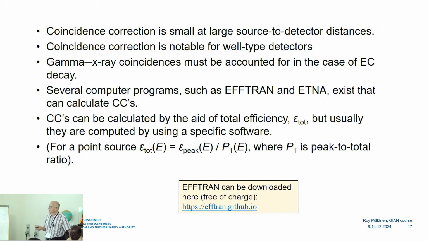I hope that your analysis software, Jenny, is able to calculate coincidence corrections. I think it can, but there are several other computer programs, such as this EFFTRAN software, Etna, for example. They can calculate coincidence corrections.